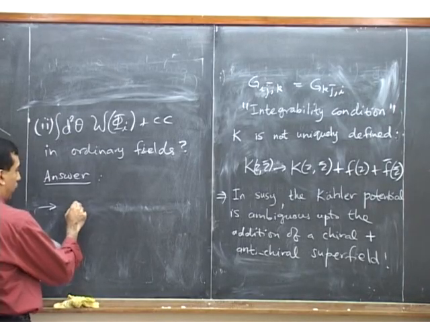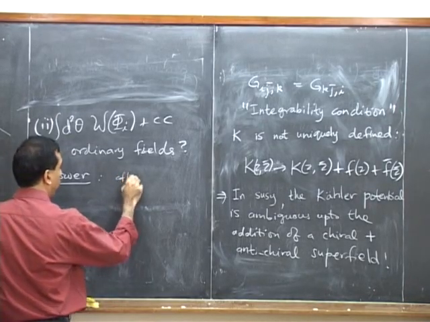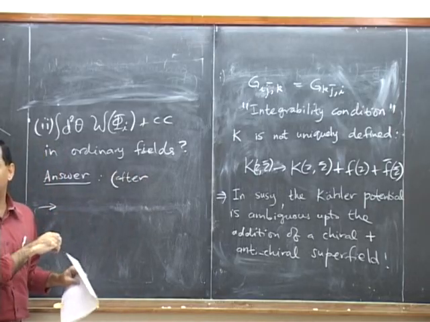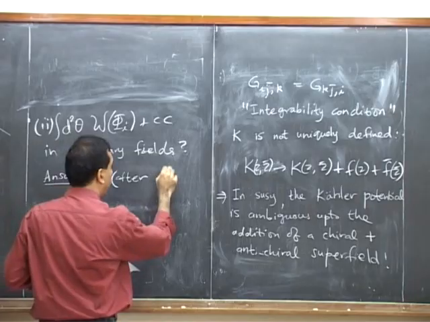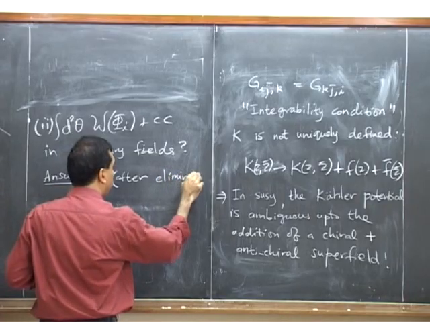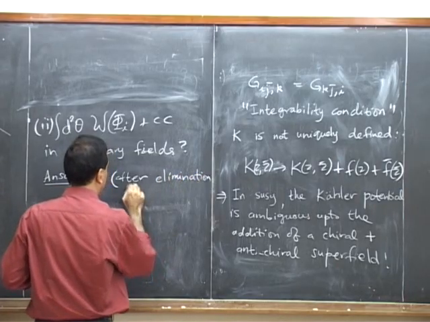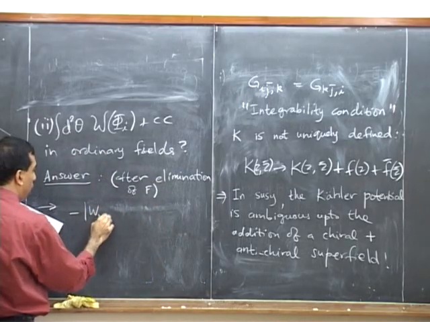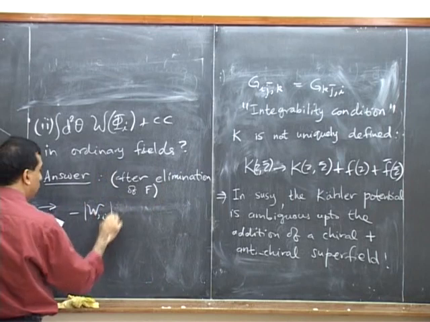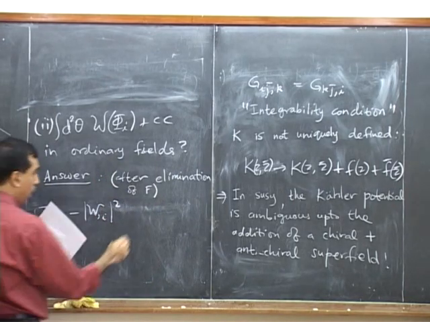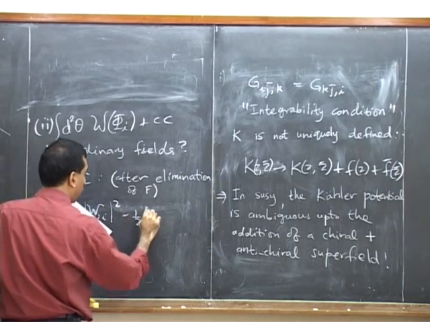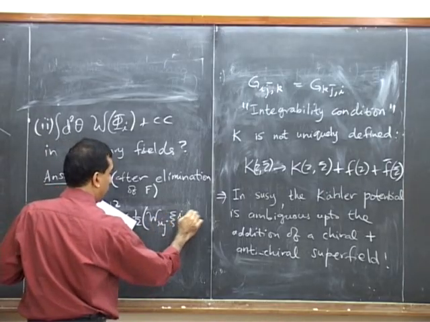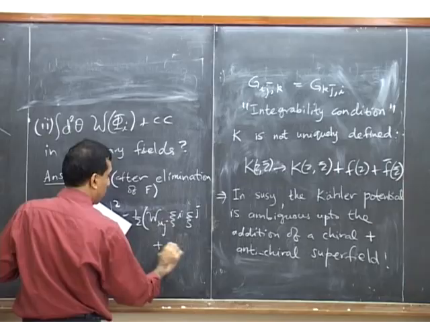You find that after elimination of F, if the kinetic term is flat, then of course it's F F-star, so it's easy to eliminate F. We get minus |W_{,I}|^2, where W is the superpotential, minus a half W_{,IJ} psi^I psi^J plus complex conjugate.